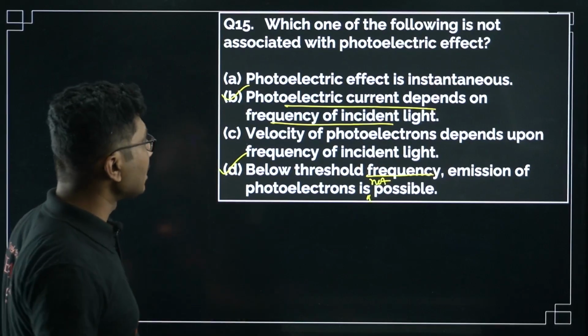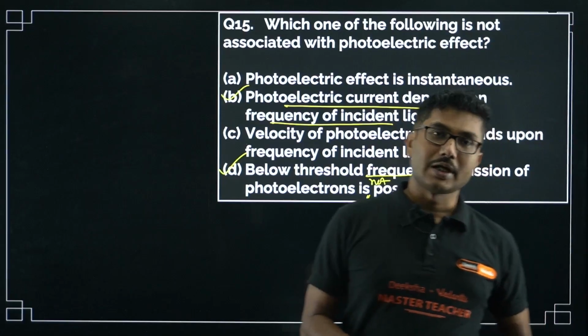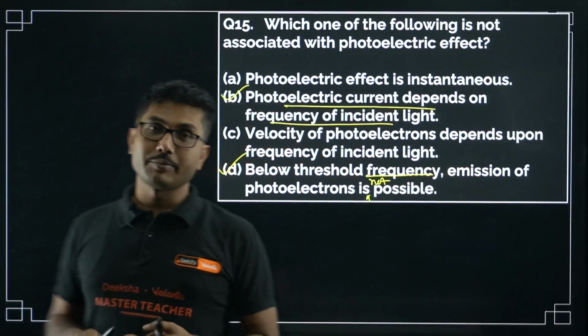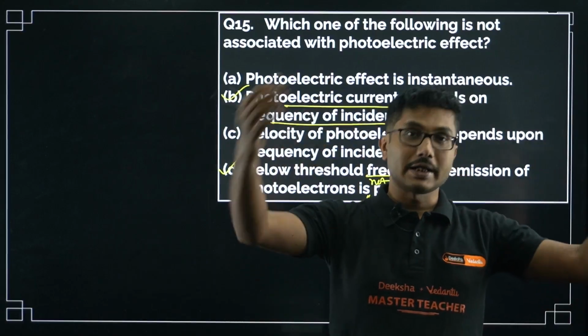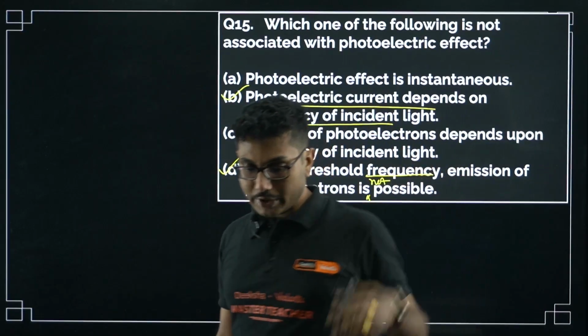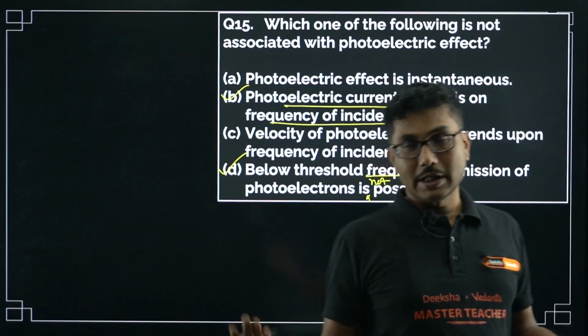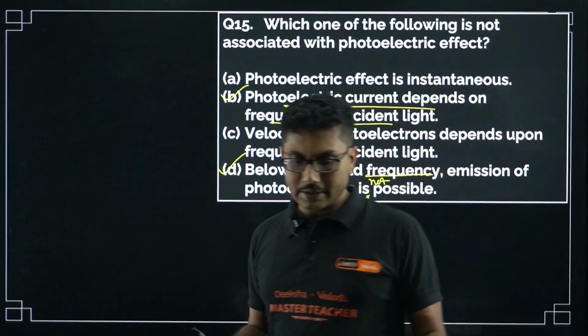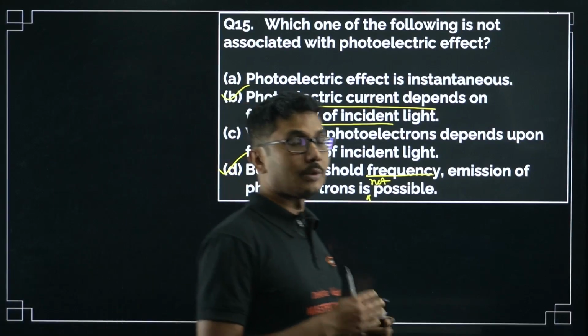Photoelectric current does not depend on frequency, it depends only on the intensity of incident light. It is independent of the frequency as long as the frequency is higher than the threshold frequency. If it is lower than the threshold frequency, definitely there will be no emission. If it is higher, then the current does not depend on frequency.